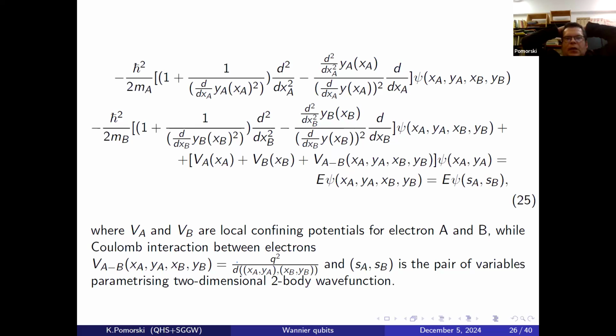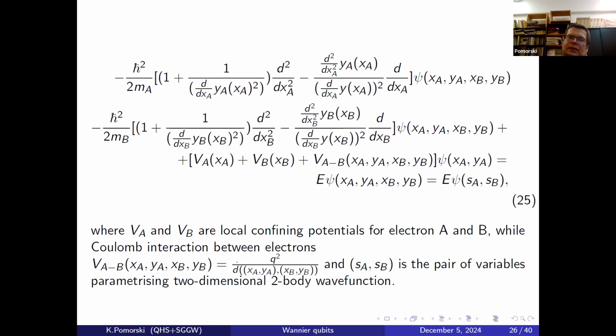So there are two effective potentials, V_A and V_B, which depend on the gates, on these electrostatic gates. And then there is the AB interaction, usually kind of Coulomb-like, but you can put more and more features into it, even magnons and other things. And then this acts on the two-body wave function.